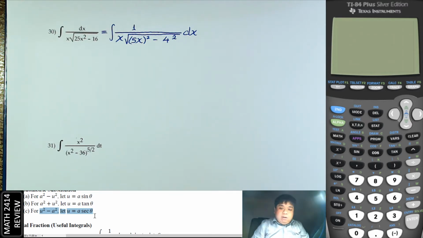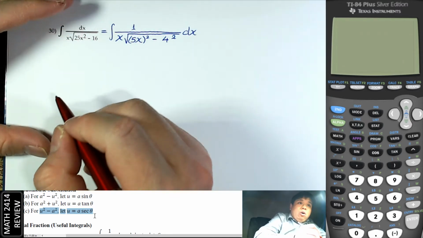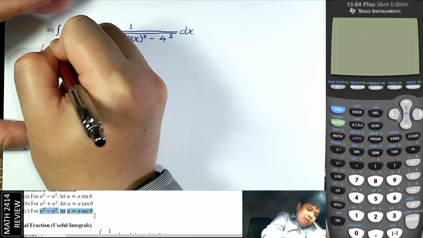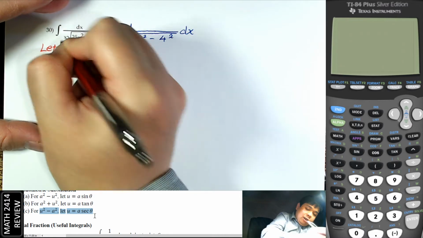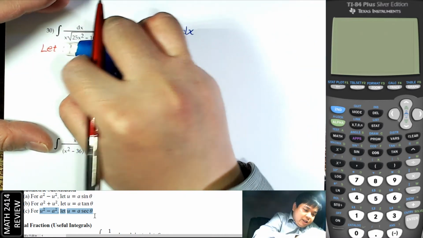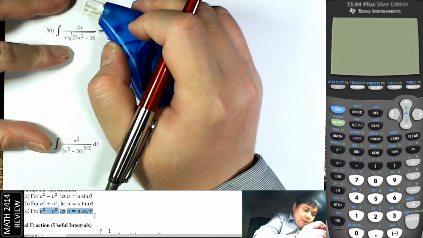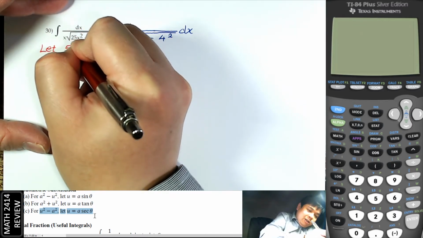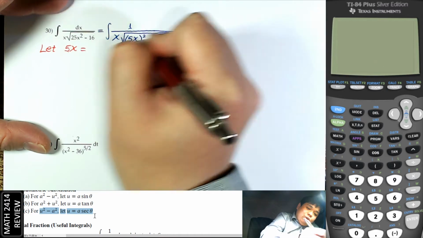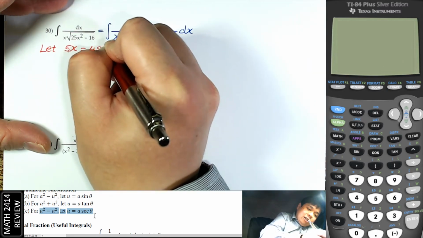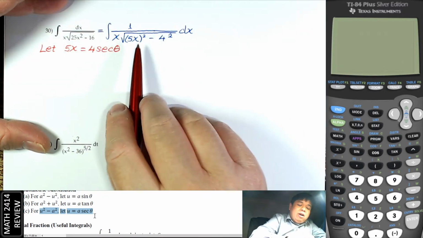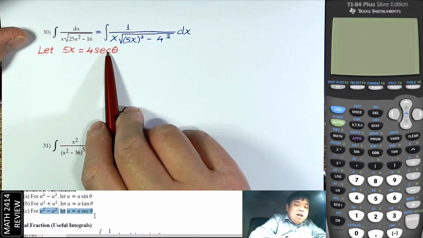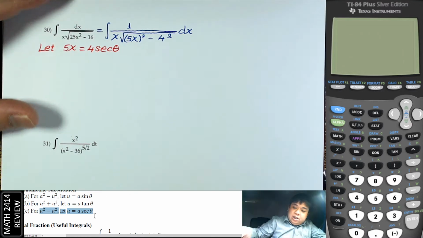Right, now the substitution. We're going to let u, which is 5x, equal to 4 secant theta. Right, the variable equal to constant times secant. That's what the substitution is.